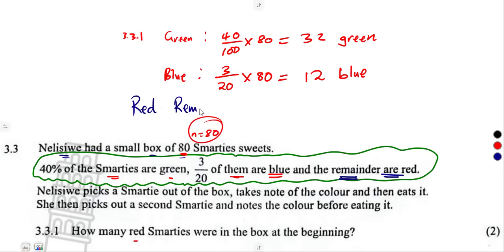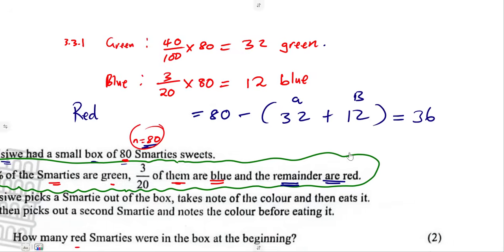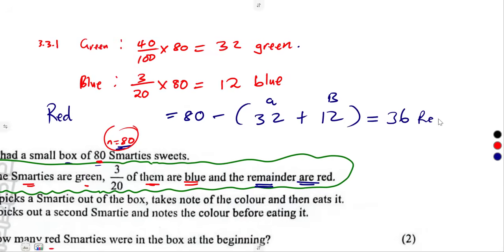We must subtract the two that we have, 32 for green and 12 for blue, from 80. That's the remainder part, our red. So our red at the end gives us 36. So there are 36 sweets which are red in color.